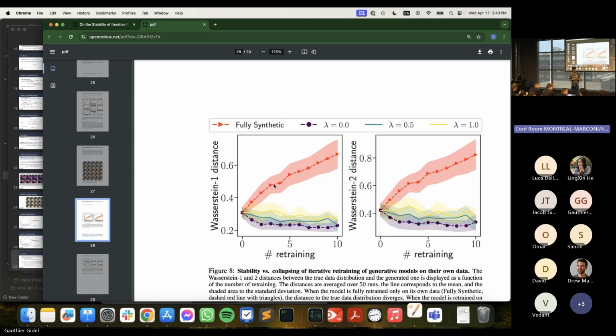Maybe there is a way to counteract that, have a different loss. Have you thought about this? Is this a problem?